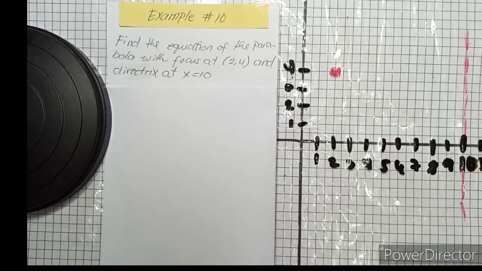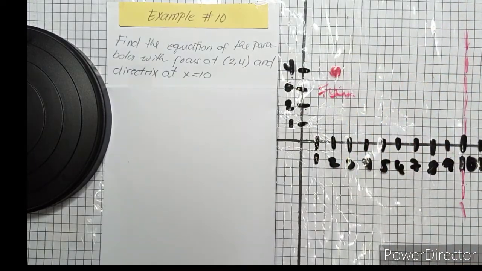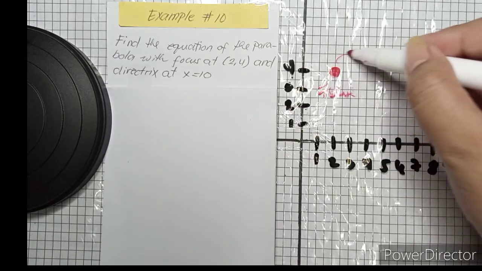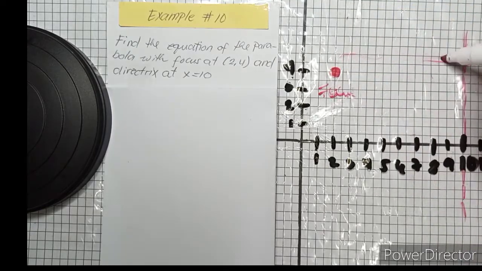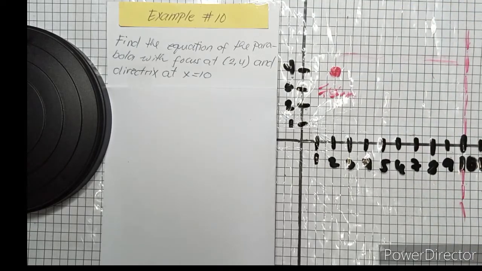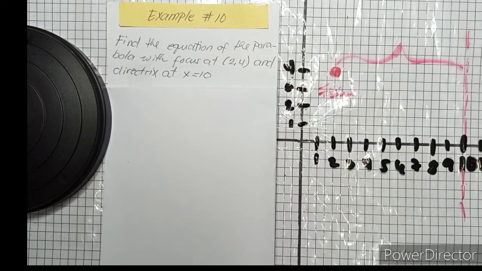Okay? So, katulad kanina sa example number 9, label muna natin. This is the focus. Hahanapin natin si vertex para makuha natin yung equation natin. Okay? So, paano? So, yung distance po ni focus going to our directrix ay kalahati po nung ating distance from focus going to our vertex.